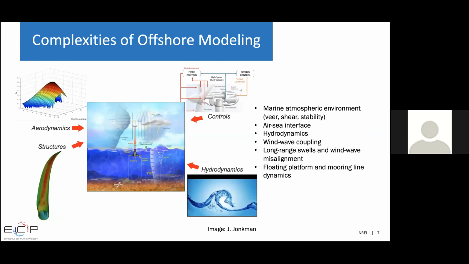So there's a lot of complexities that go along with offshore modeling that all our codes together are trying to tackle, that you can see in this list here. So the structures, we even do fluid structure interactions. So the turbine has to bend according to the wind forces on it. The ocean has waves. There's atmospheric effects, and just a lot of things going on.